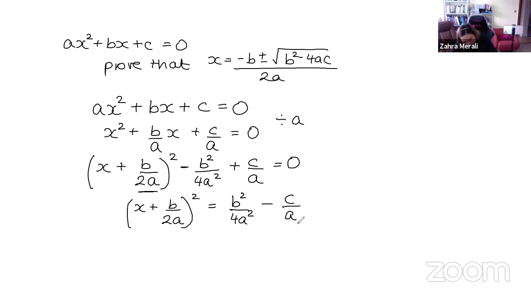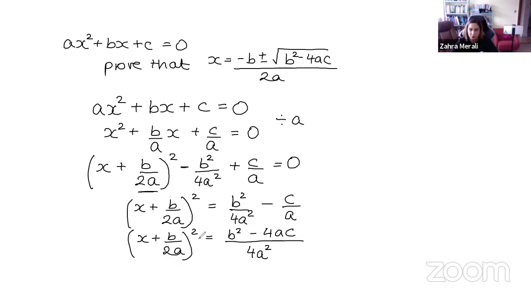Now I can make that into one fraction. So I'm going to put the whole thing over 4a squared. When I do that, the b squared stays the same, but the c needs to be multiplied by an additional 4 and an additional a. And hopefully you can see it's starting to look like what it needs to.